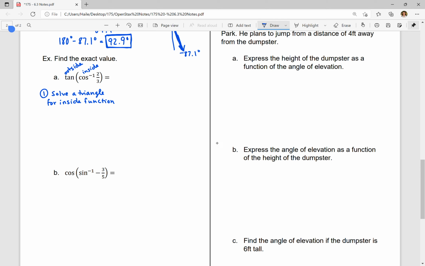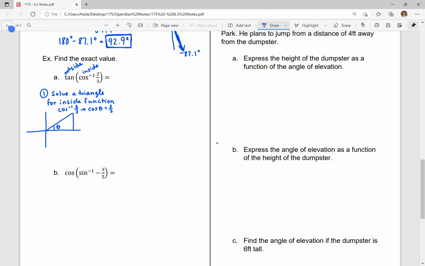So I'm going to go ahead and draw a triangle, and I know that this triangle should be in quadrant 1 because my cosine value is positive. Okay, so my triangle is going to look like this in quadrant 1, and I know that my cosine is equal to 2/3 because cosine inverse of 2/3 is my inside function. So I'm going to write that real quick. So cosine inverse of 2/3 means that cosine of theta is equal to 2/3.